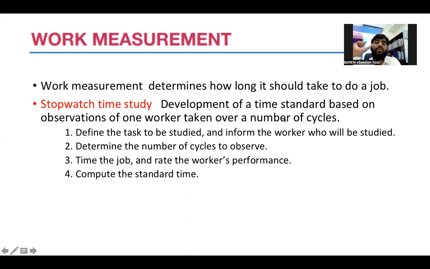You will choose a worker and instruct him or her to do the same job time and again over a number of cycles. Then you can know the real or standard time to produce a product or a component. And there are 4 steps of work measurement or time study.